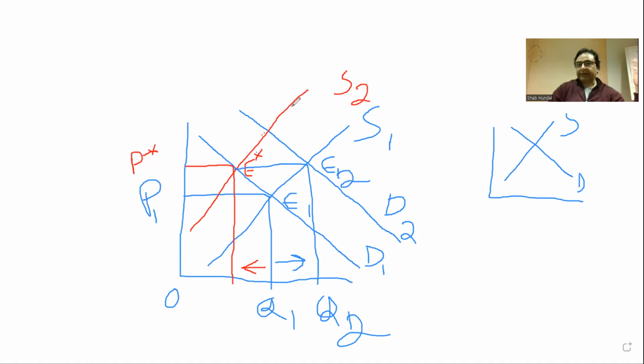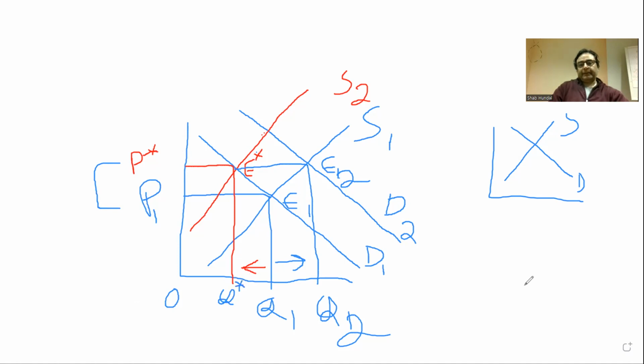It has decreased. The new equilibrium is E star here, and the price is OP star, which is higher than OP1. So this part, P1 to P star, is showing the inflation, but this inflation is not caused by the demand increase. This is caused by the output decrease. And you can see that at the new equilibrium, output, income, and employment is going down from OQ1 to OQ star.